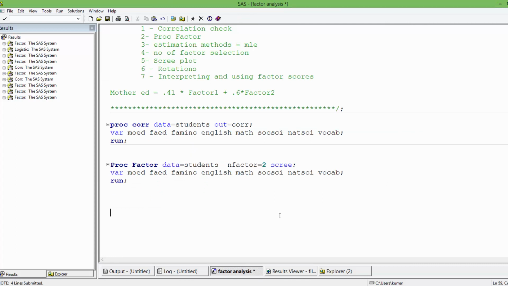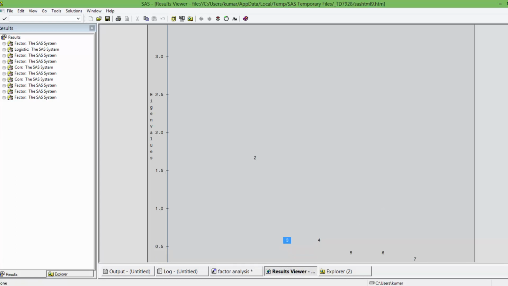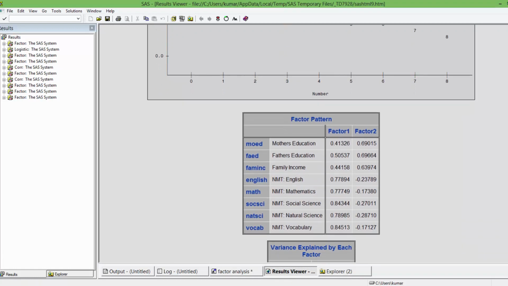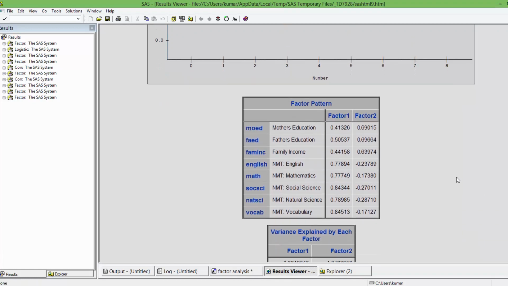The next thing that we will study is rotation, or factor rotation. Let's go back and see the factor pattern. There are 2 factors in place.